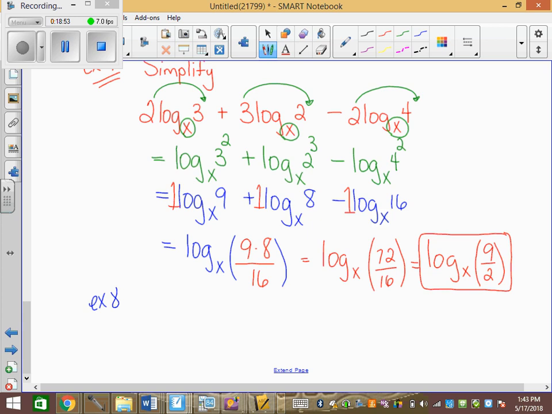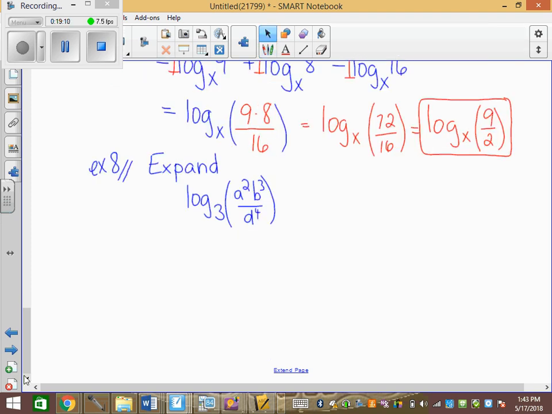Example 8. Expand. Expand means make bigger. Log base 3 of a squared b cubed over d to the 4. Can I simplify this in any way? It's basically as simple as it can get, correct? But I can expand it out into the same base logs, right?